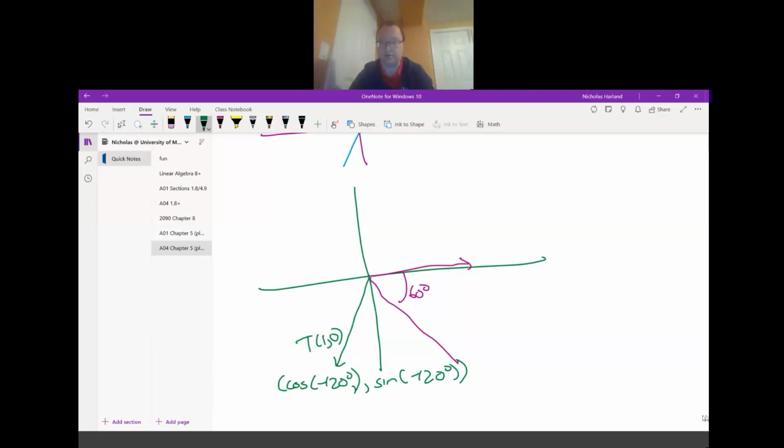As for the other one, if we had 0, 1, that'd be a little bit more complicated because what would this angle be? If this one is 60, what's the angle from the vector to the line?